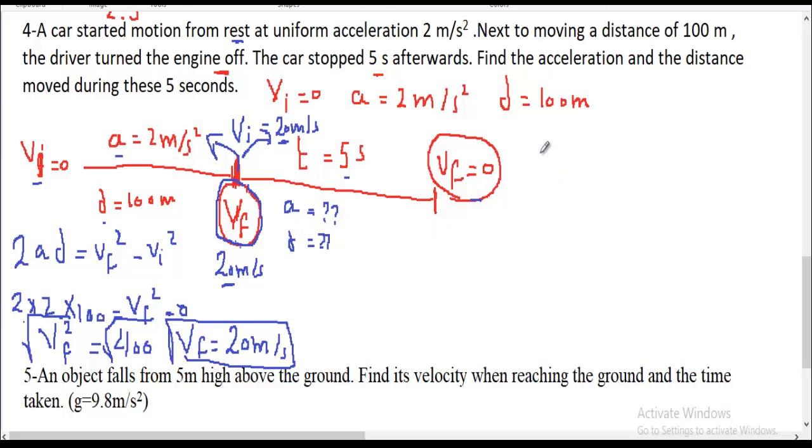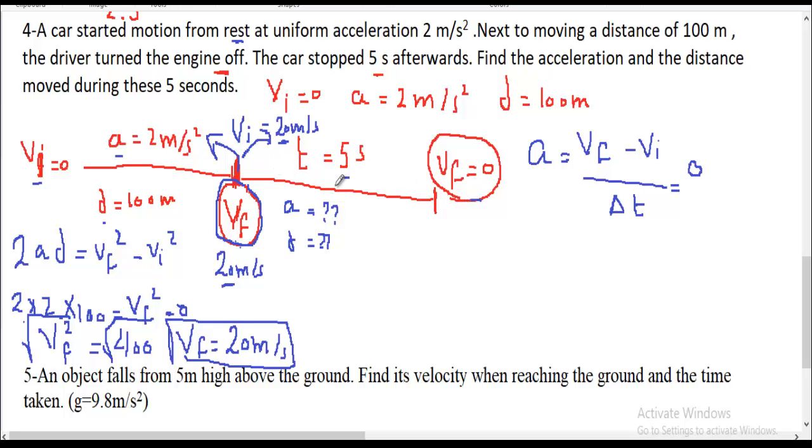You can get the acceleration from this formula: acceleration equals Vf minus Vi over change in time. Vf is 0, and obviously the acceleration will have a negative sign. Why?